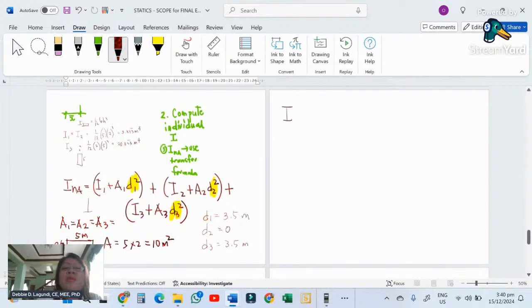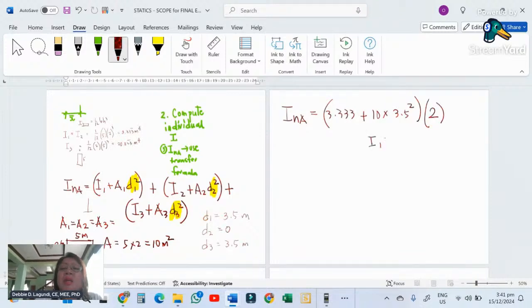The moment of inertia about the neutral axis of the whole shape will be I1 is 3.333 repeated plus its area is 10 and its distance is 3.5 squared. The transfer formula of I1 is the same as I3, so I will just double it.